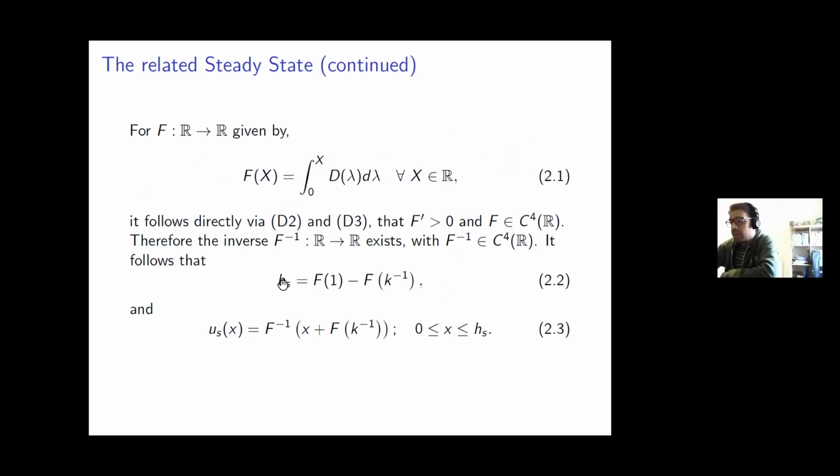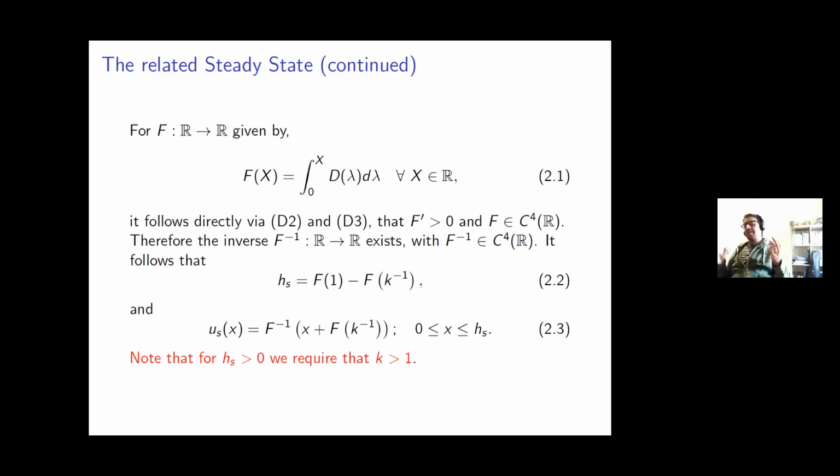From this, you can calculate that the steady state for your wax layer will have a height f of 1 minus f of k to the power minus 1. And your steady state for u will be f inverse of x plus f of k to the power minus 1.